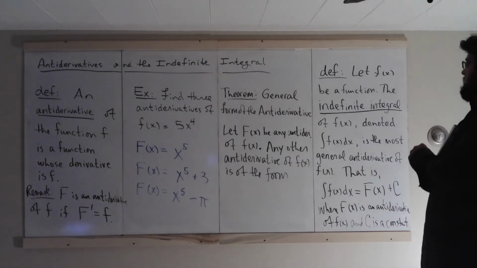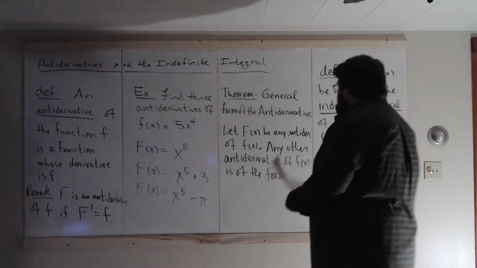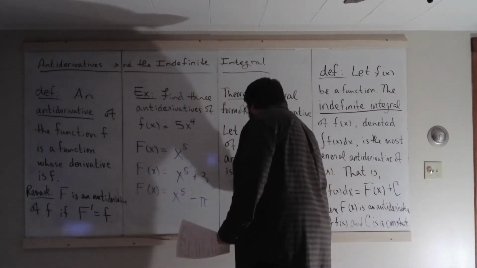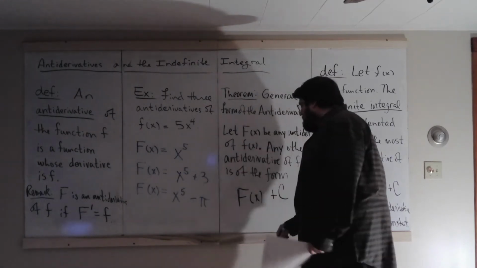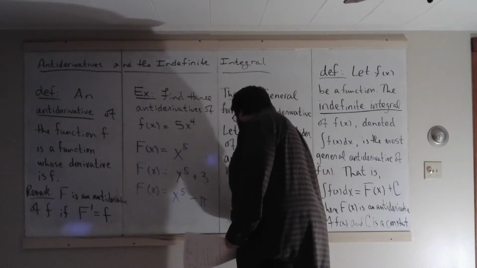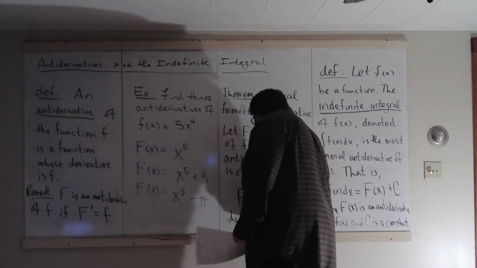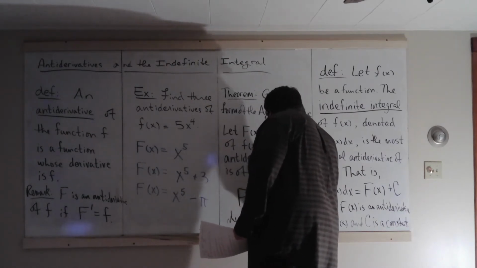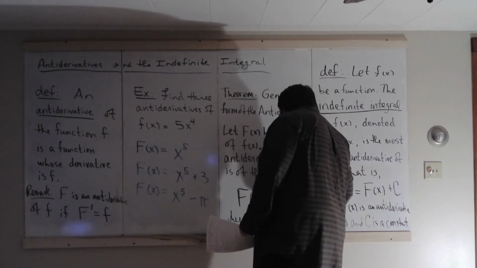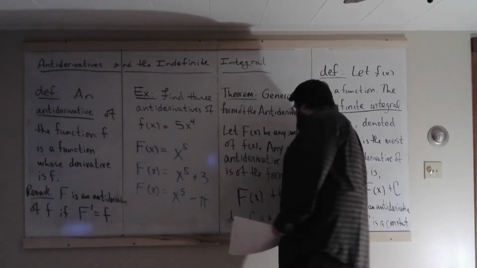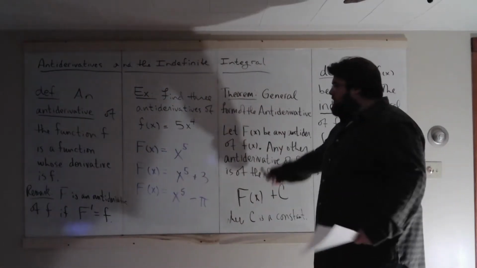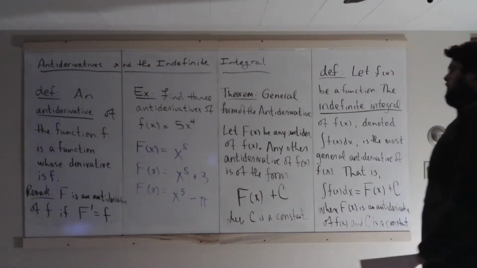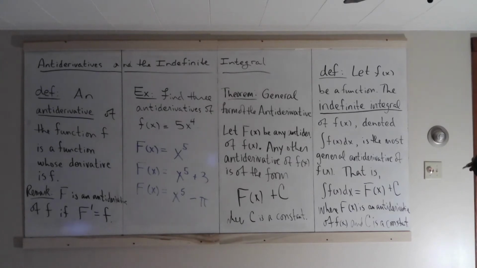Any other antiderivative of lowercase f is of the form F of x plus c, where c is a constant. So if we have an antiderivative of a function and we want more, all we have to do is add other constants onto that.